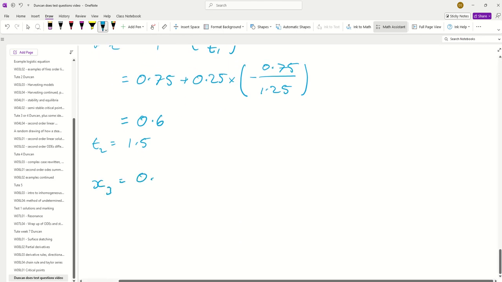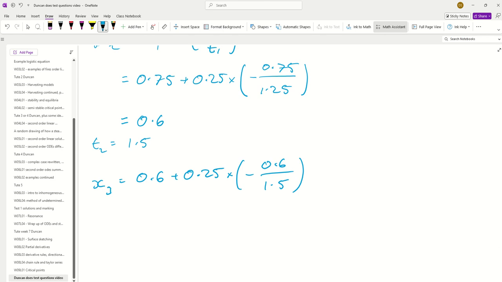x3 equals 0.6 plus 0.25 times minus 0.6 over 1.5. So back to the old calculator. I'm not even going to bother trying to simplify these.